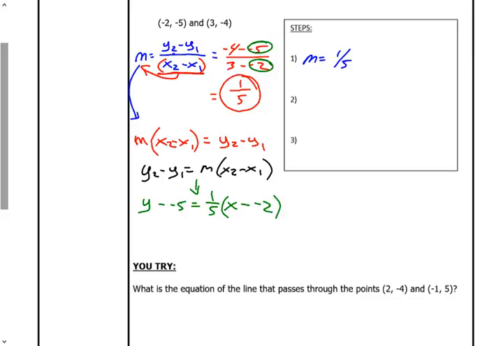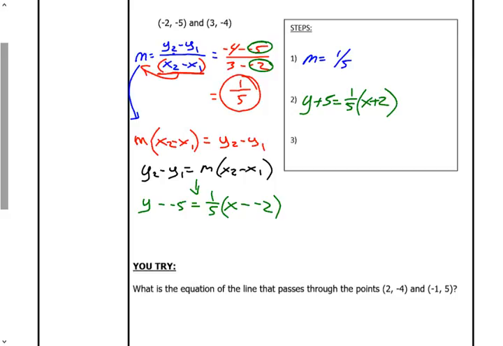So because I'm already using slope formula, I don't have to deal with anything more. I mean, it's literally the same exact formula. And that is going to be my step 2. Now I'm going to clean that up. Minus a negative is a positive. Like so. And that's point slope form.